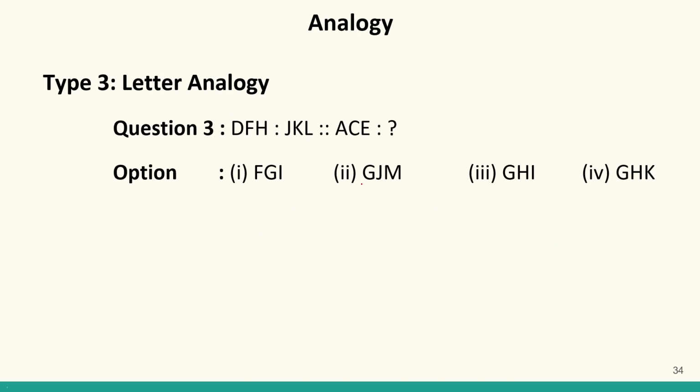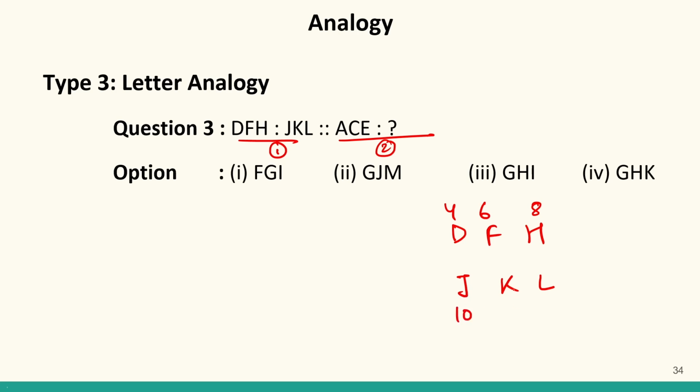Now same thing for this question as well. This is the first pair and we have to find the missing element in the second pair. So from D, F, H, we are moving to J, K, L. Now D is positioned at 4, F is positioned at 6, and H is positioned at 8. J is positioned at how much?